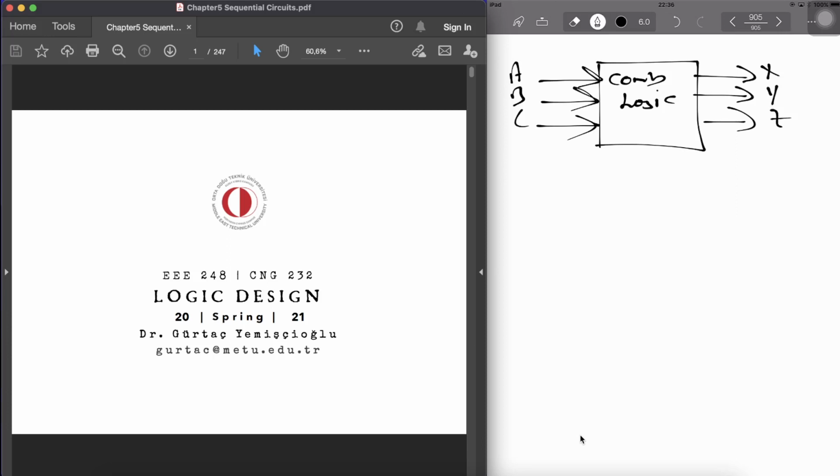Now, when we start talking about Chapter 5, this is actually going to be a modified version of combinational logic. The modification that we are going to make is that we also introduce a storage element.